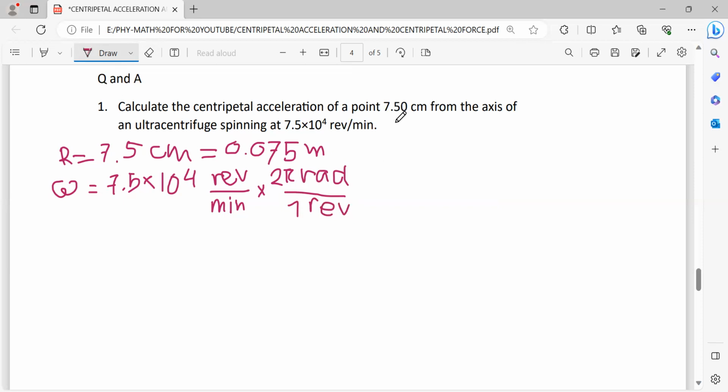Why this? Because I will convert this angular velocity in revolutions per minute to radians per second.